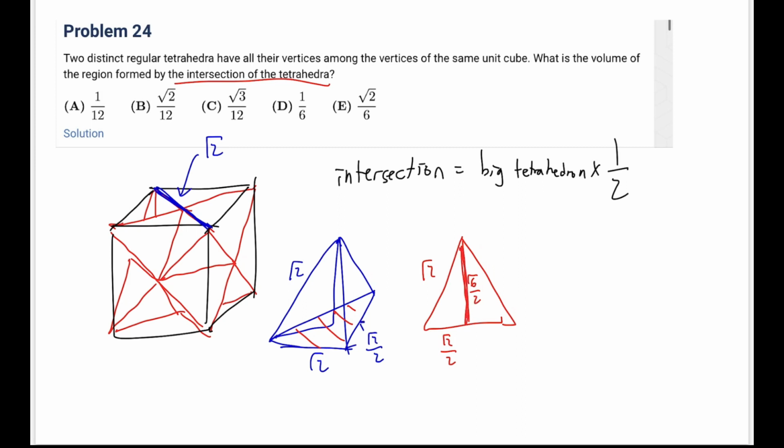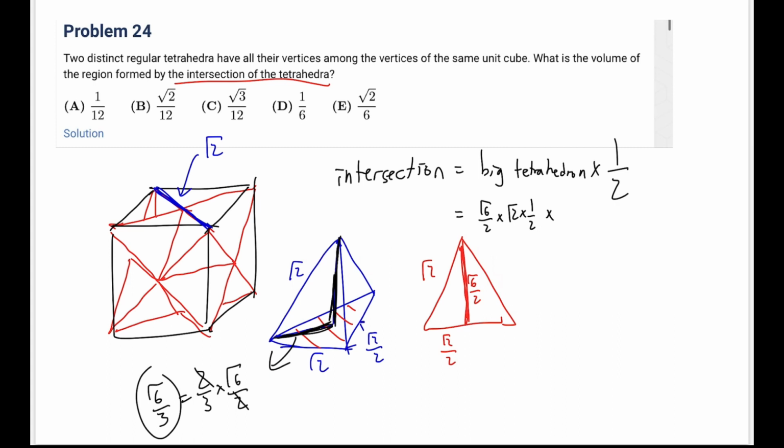And so the base is root 6 over 2 times root 2 times 1/2, and then this multiplied by the height, right? And so we need to find this height, but first we need this length, and this length is 2/3 of the height. So this is 2/3 times root 6 over 2, and this cancels out, so this is root 6 over 3.